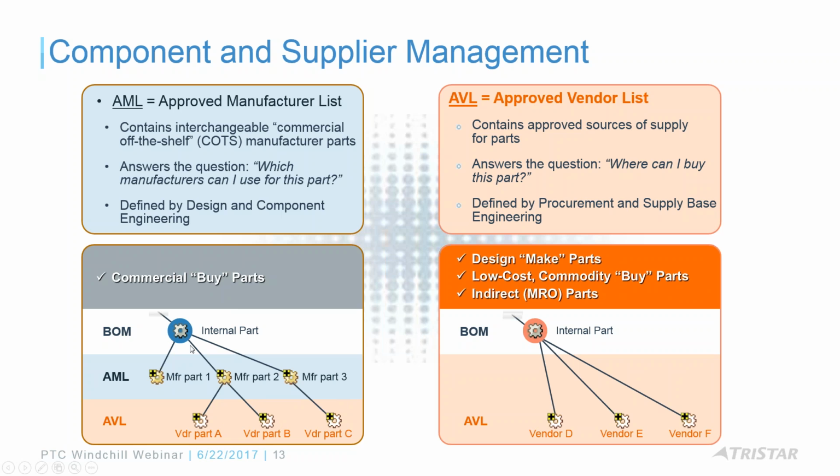But that would be linked to an internal part number. Same thing for only using vendors. So if I don't really care about the manufacturer, I just want to source it from a vendor, what part number do I need that represents my internal part?